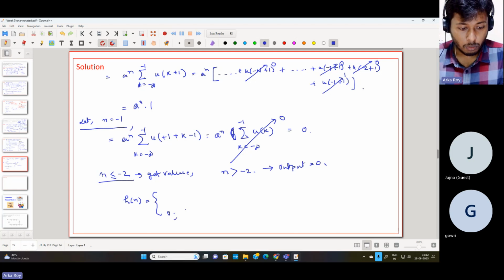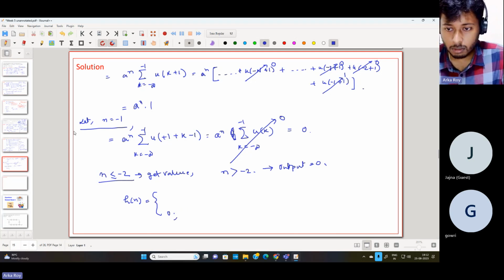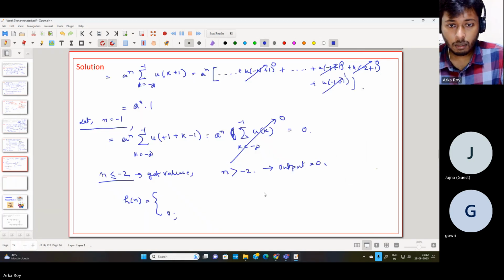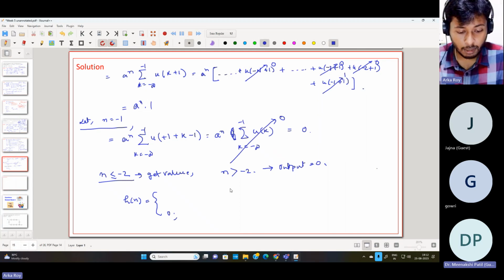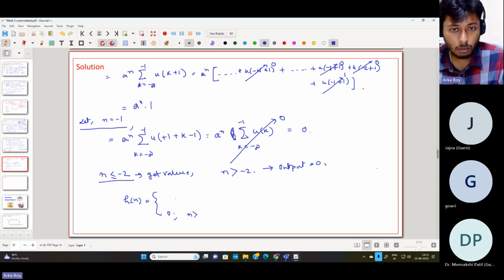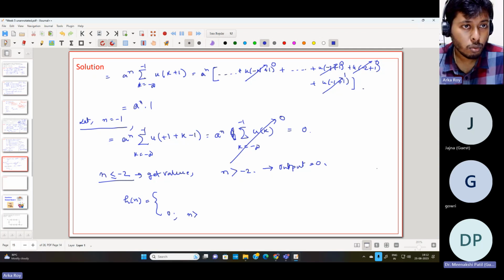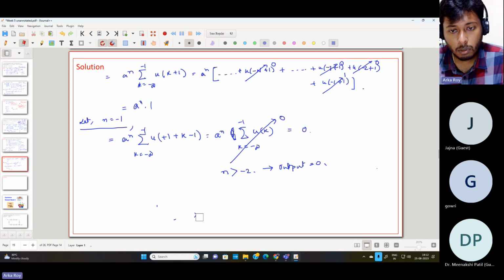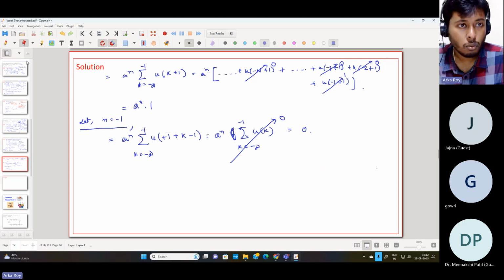So 0 for n greater than, okay, so I will show you some more samples just before going to the final conclusion, so that there is no further doubt.